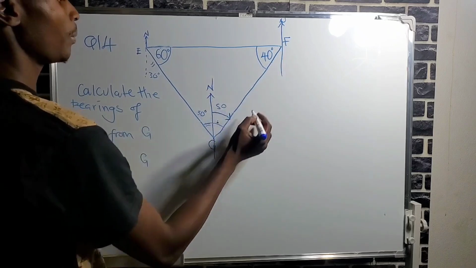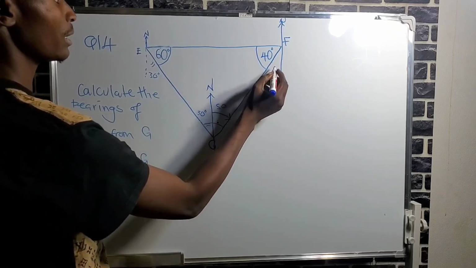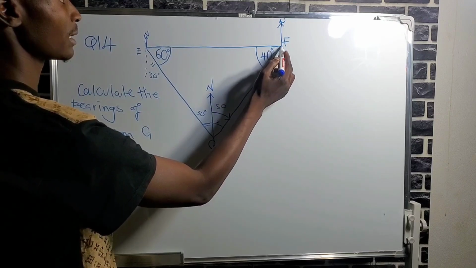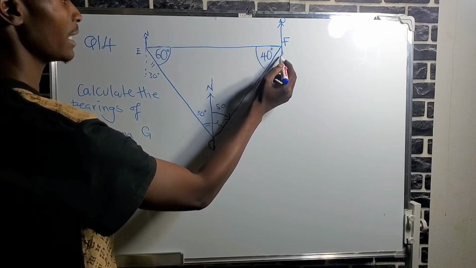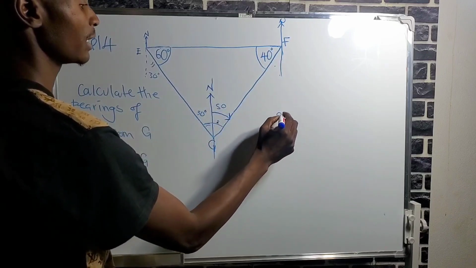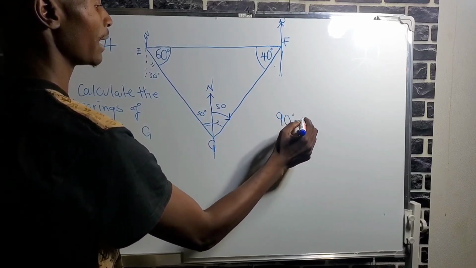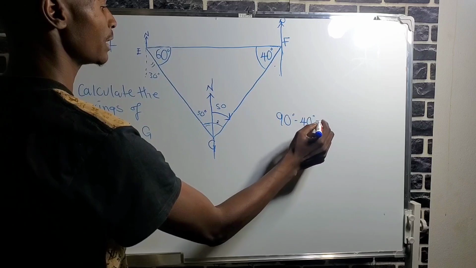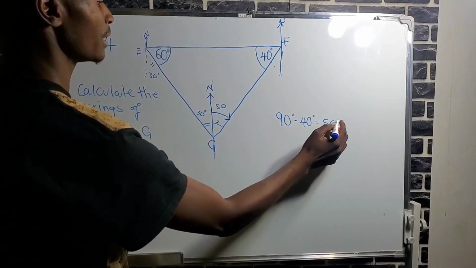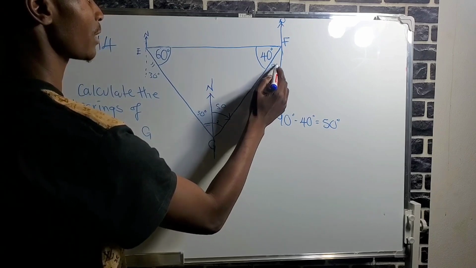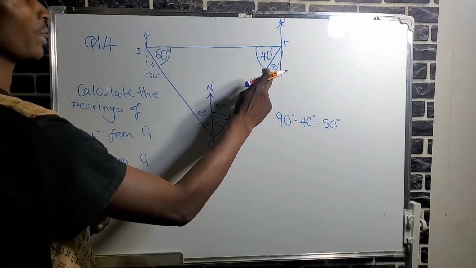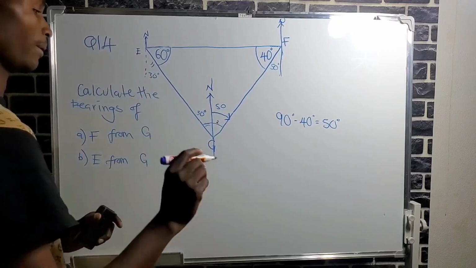Remember what I said, that opposite angles are equal. This angle is equal to this angle. All right, and this is 90 degrees. So what you're going to do is just subtract 40 from 90 to find this angle, which is 50 degrees. And if you found this angle at 50 degrees, it's easy to find this one because it is equal to it.